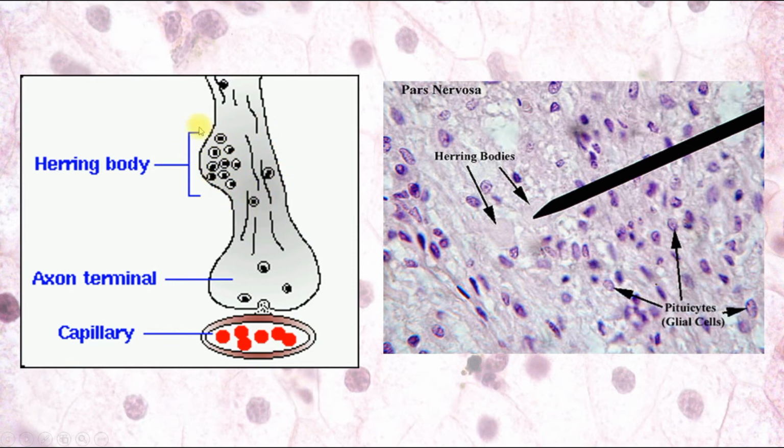Those regions are known as Herring bodies. Sometimes even axon terminals and exovasal synapses are described as Herring bodies, so the entire ending of the axon may be described as a Herring body. Here we can see Herring bodies in the pars nervosa or posterior hypophysis, the neurohypophysis. Also there are pituitary glial cells present here.